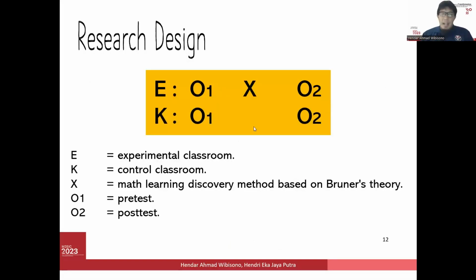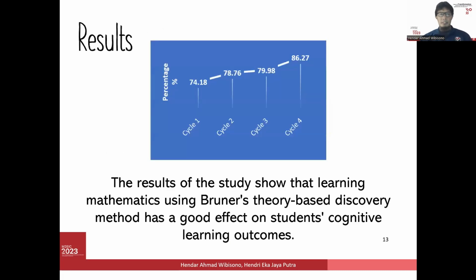And this is my research design. A is for the experimental classroom, K for the control classroom, X is for math learning discovery method based on the Bruner theory, O1 is for pretest, and O2 is for post-test. So this is the concept of my research design.